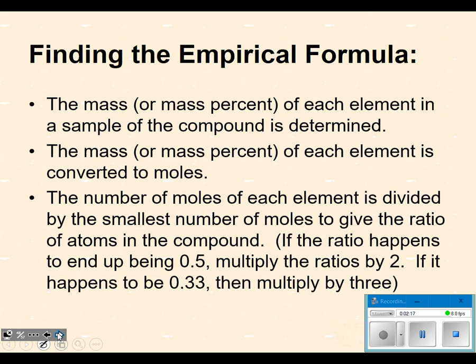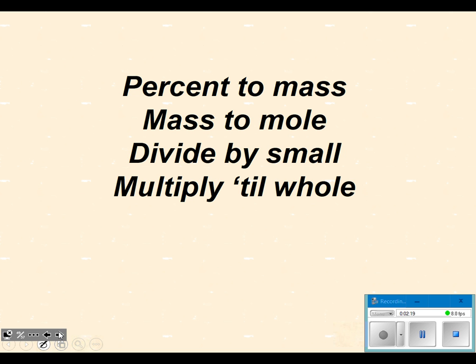Now we have a catchy little poem that you should write down so that you can remember this. And that is: percent to mass, mass to mole, divide by small, multiply to whole. I highly recommend that you write it down and say it multiple times, because this is the way to solve for empirical formulas.